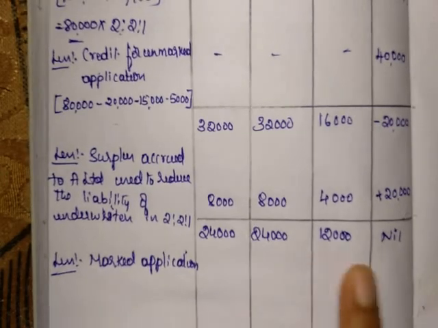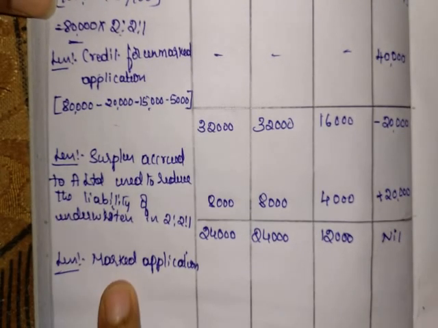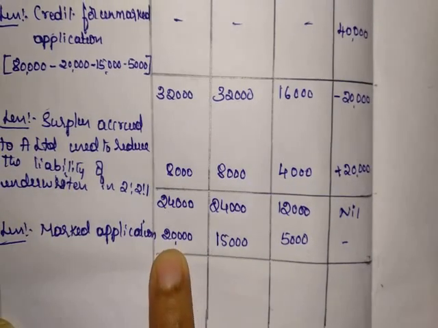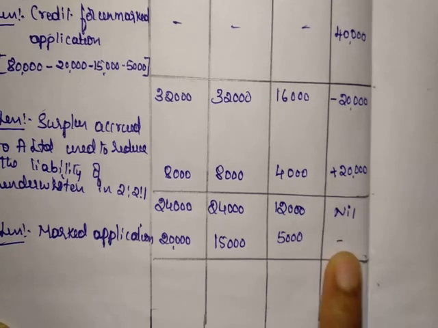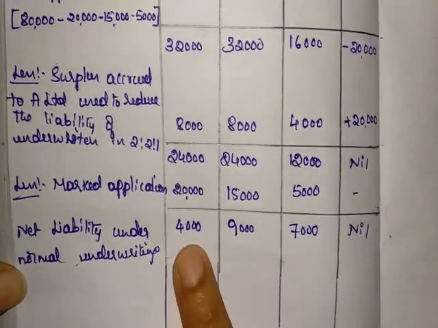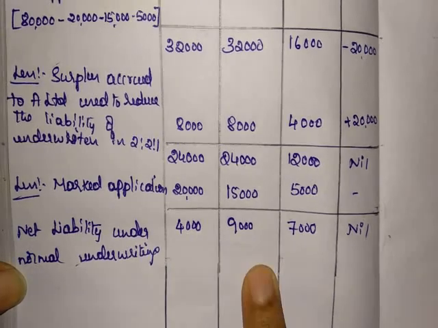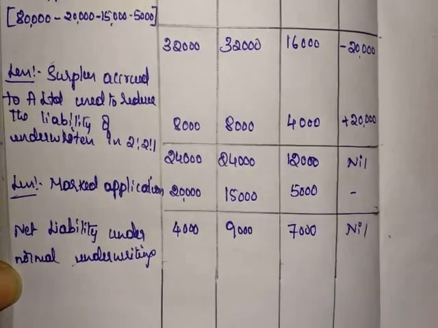And here we get the liability of the company as nil. Less marked application given in the problem: 20,000, 15,000 and 5,000. Marked application for the company is nil. So under normal underwriting, this is the liability: X 4,000, Y 9,000 shares, Z 7,000 shares, and for the company the liability is nil.